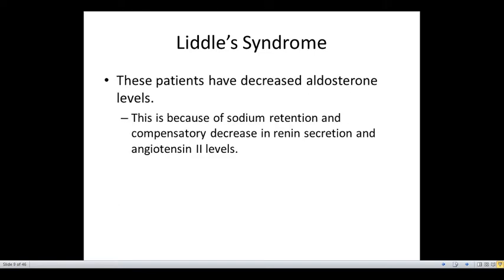These patients have decreased aldosterone levels. This is because of sodium retention and a compensatory decrease in renin secretion and angiotensin II levels.